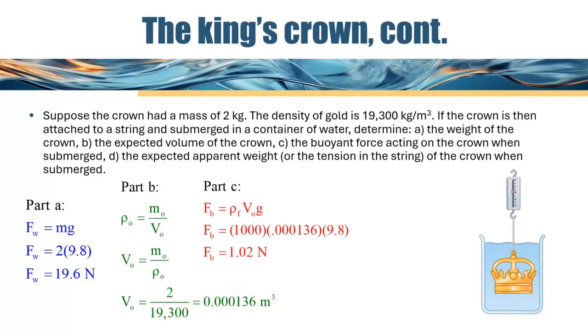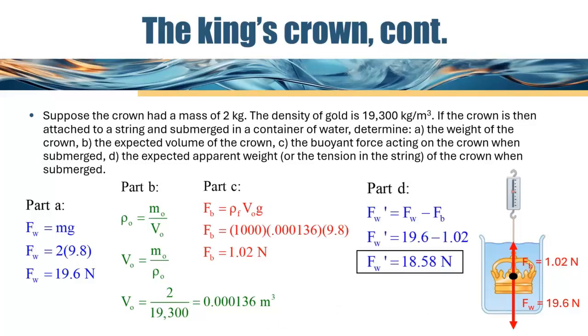So lastly, it says, what is the expected apparent weight of the crown? Well, let's go over here and draw a free body diagram. So if we have the weight pushing down, 19.6, and we have an upward buoyant force of 1.02, then we would expect an apparent weight of 18.58 newtons.